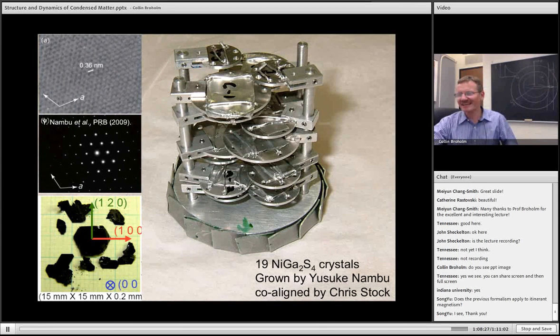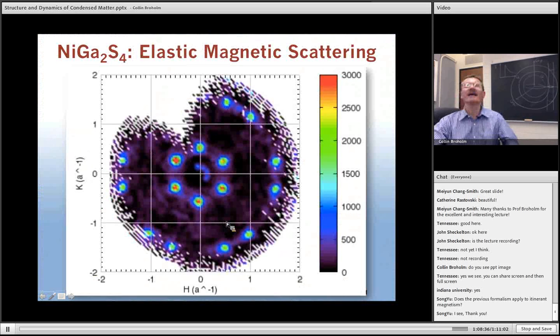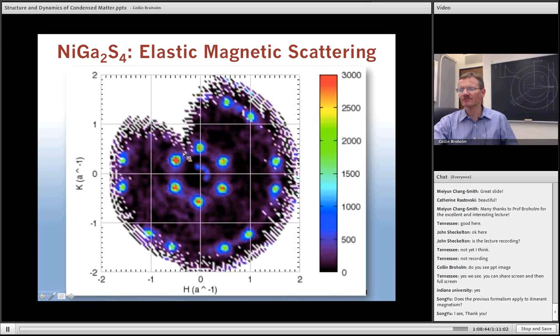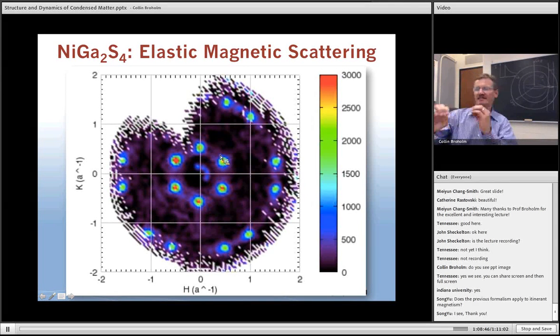So this picture shows the diffraction cross section as measured once we had crystals, and there you can see in the plane of the two-dimensional magnet we see well-defined peaks, which are the intersection of these tubes, in a sense looking at them from above.